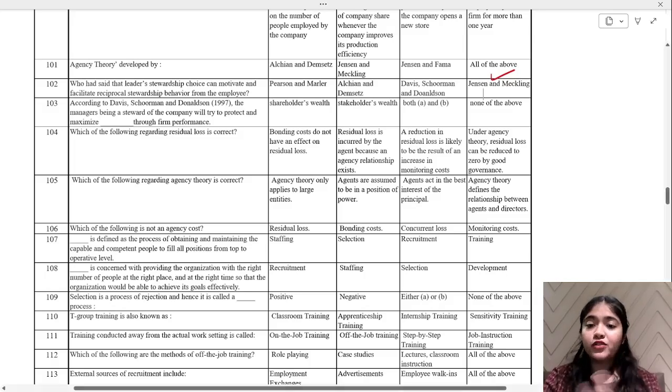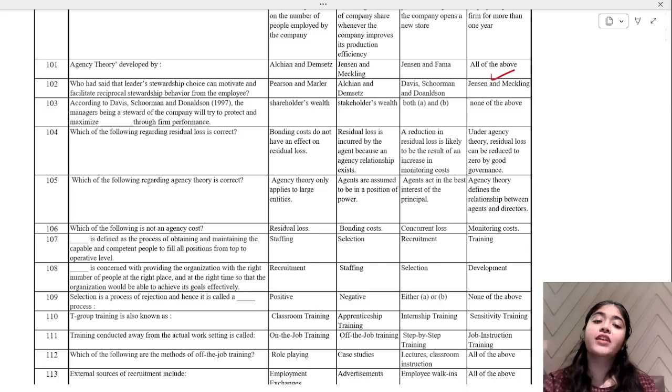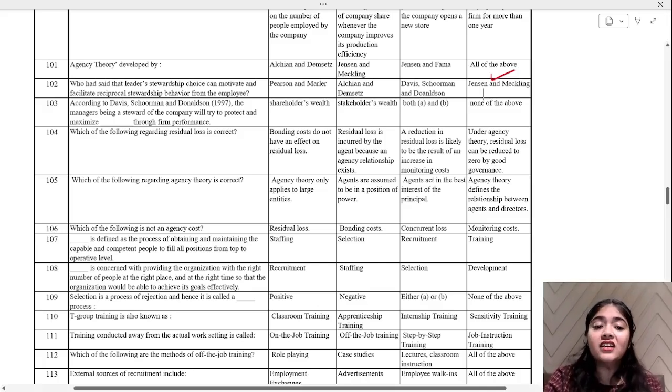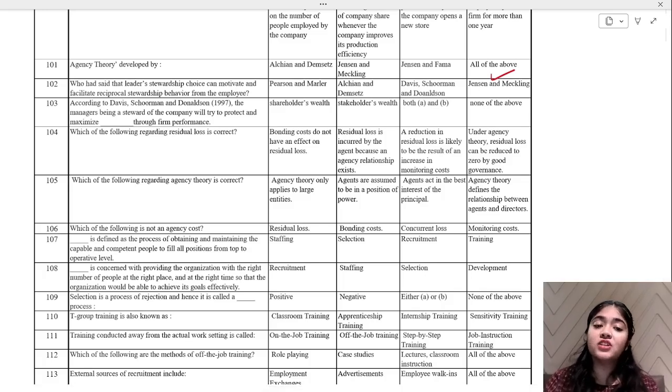I just wanted to confirm that all of them was the correct answer or not. All of them had developed, like everyone was developing a theory on the agency theory. Okay. Now, next one. Who had said that leaders' stewardship choice can motivate and facilitate reciprocal stewardship behavior from the employee? Yes, that's right. Pearson and Mallory.